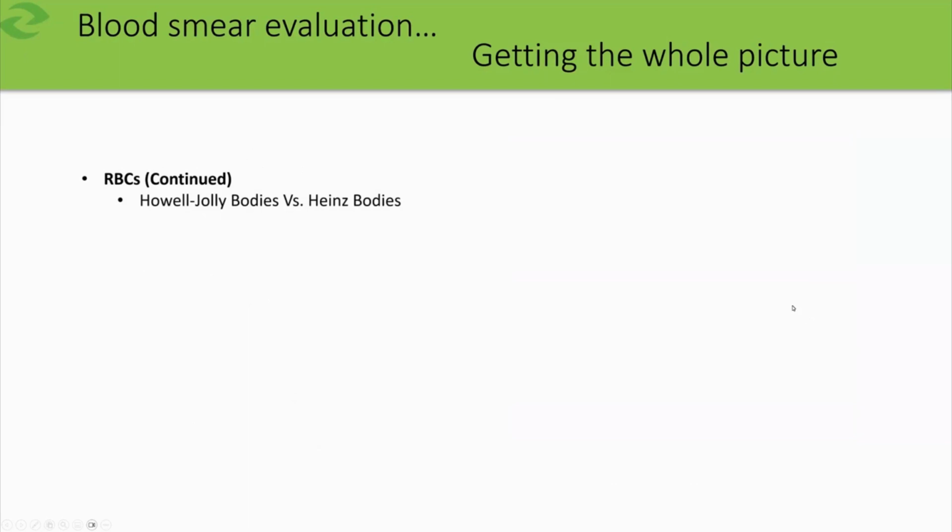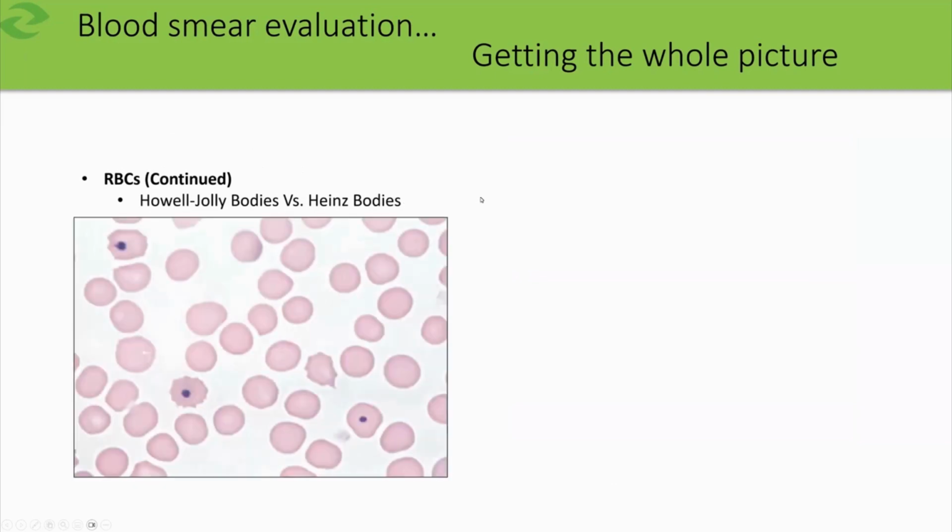All right, so Howell-Jolly bodies versus Heinz bodies. This used to give me, and certainly all the veterinary students I taught over the years, trouble. So Howell-Jolly bodies are nuclear remnants that were not extruded from the red blood cell during maturation, and with accelerated erythropoiesis, with a reticulocytosis, a regenerative response, you can see increased numbers of Howell-Jolly bodies present.